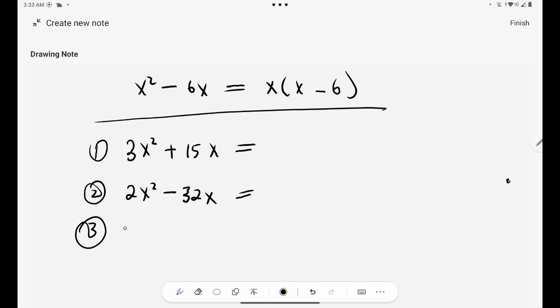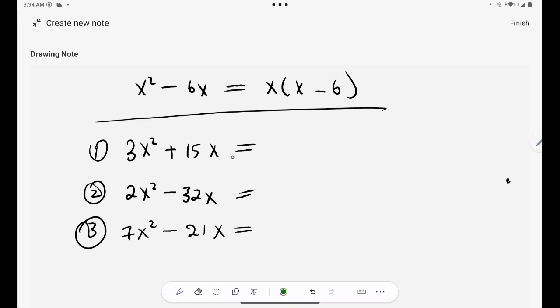Third one, 7x squared minus 21x. Okay, pause the video and do these on your own. I am sure that you got these right, because you got this.